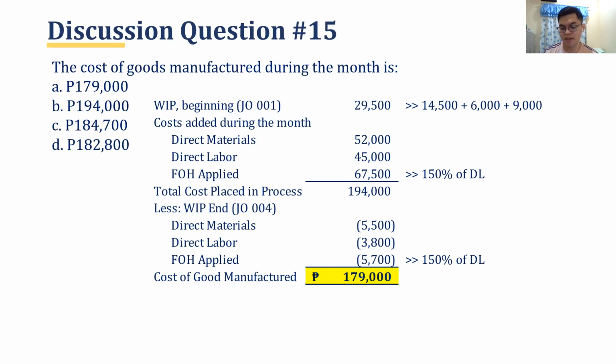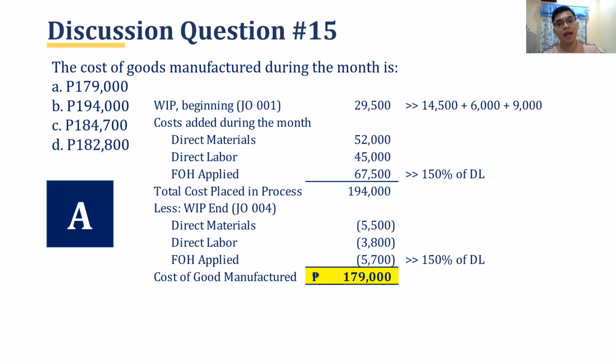So that's 5,700. So, i-deduct mo lang yan lahat to your total cost placed in process. Yes, 194. So there you get 179,000 pesos as your cost of goods manufactured. So yung sagot natin for number 15 is simply letter A, 179.